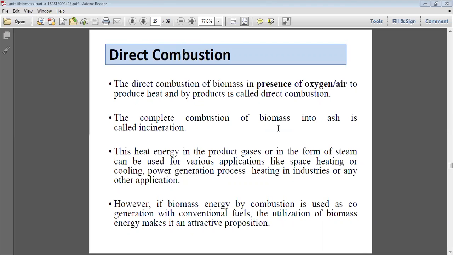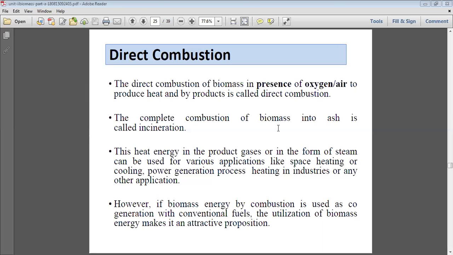Then the heat energy in the product gases, or in the form of steam, can be used for various applications like space heating or cooling. So the heat that we are getting out of this complete combustion of biomass we can use directly for space heating or cooling, or for power generation, or for heating in industries, for example ovens for baking.